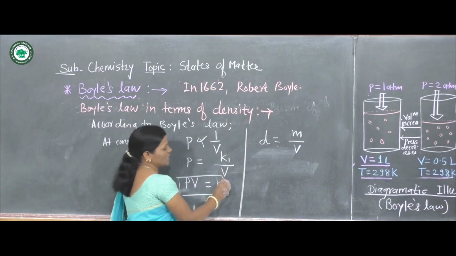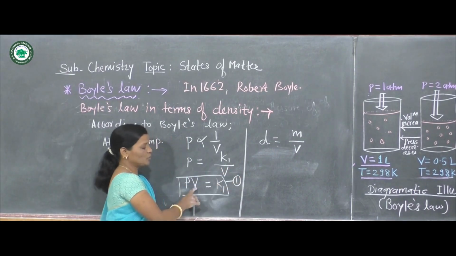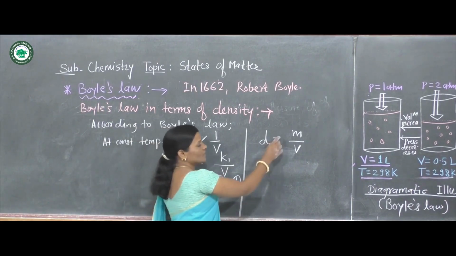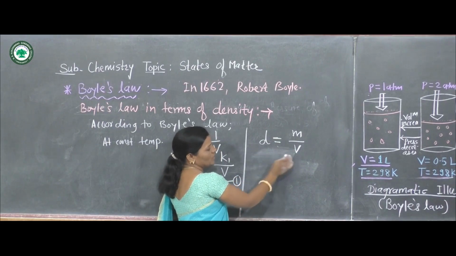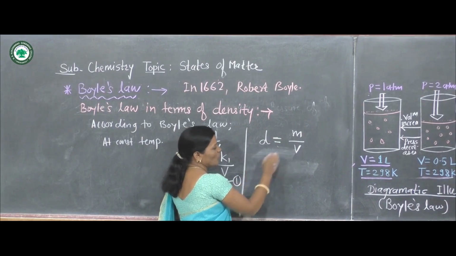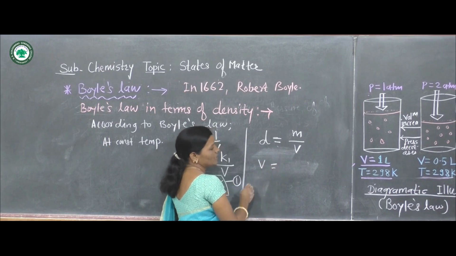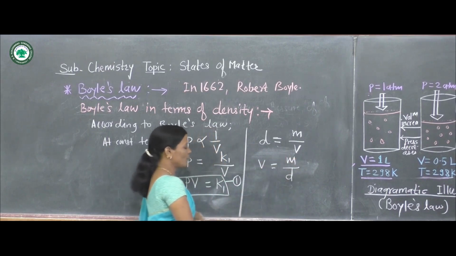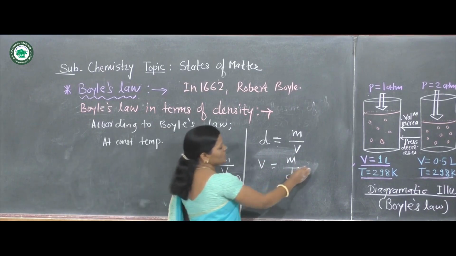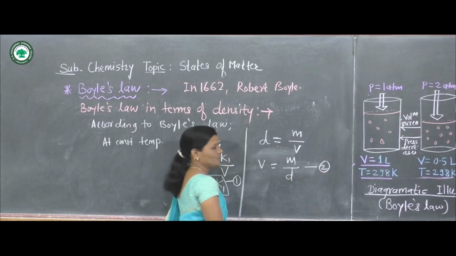Now suppose this as equation number 1, P into V is equal to K1. D is equal to M upon V. Now from this equation we can rearrange for volume. So volume V is equal to M upon D. Now suppose this as equation number 2.